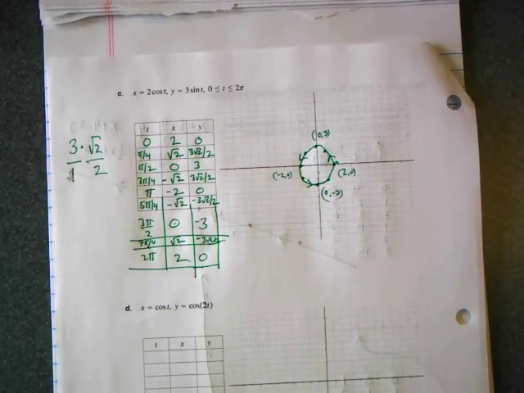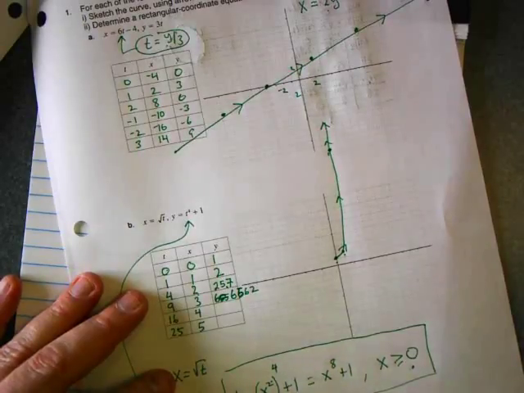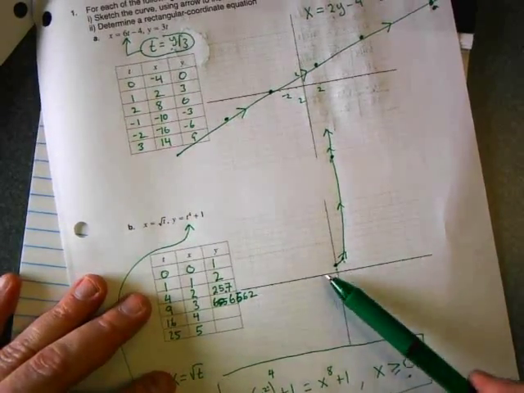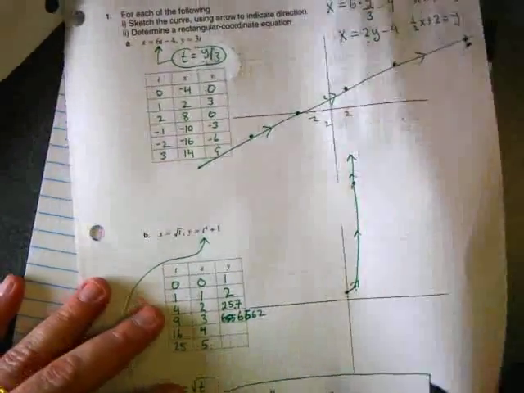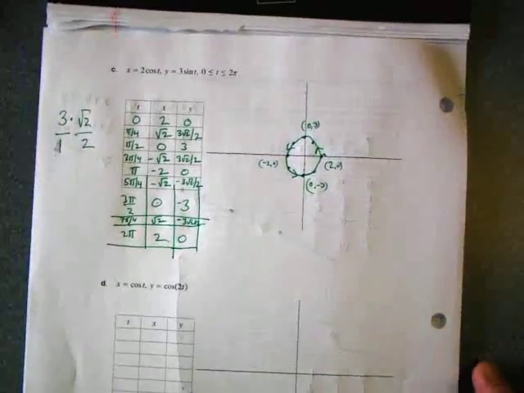This one wasn't a line, yet I could write it in rectangular form. It's not a line, it's a curve. And that's an infinite curve. This is an infinite ellipse. It goes round and round. Oh, here's what you do.